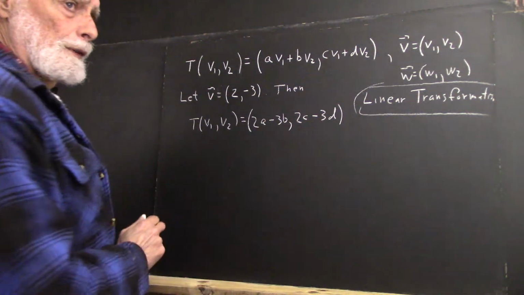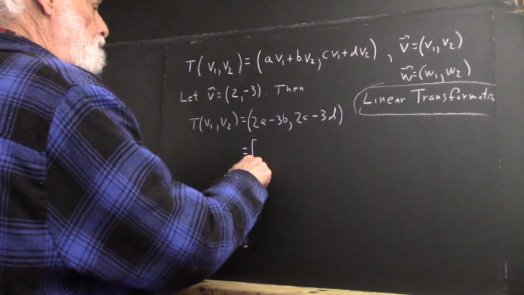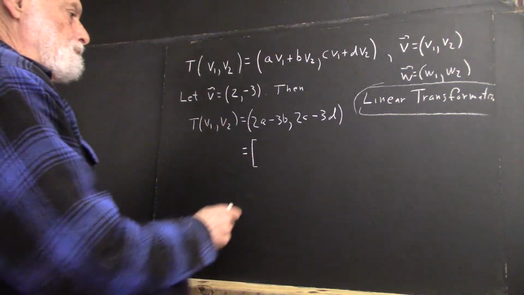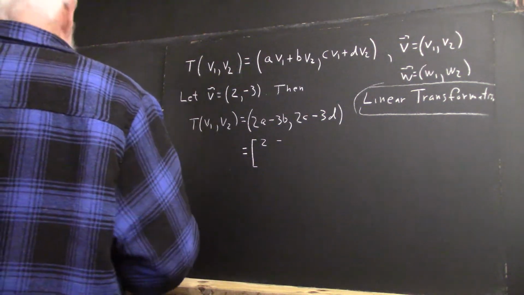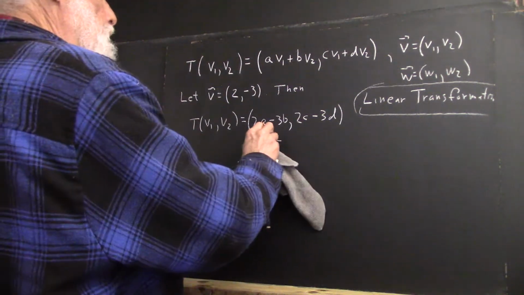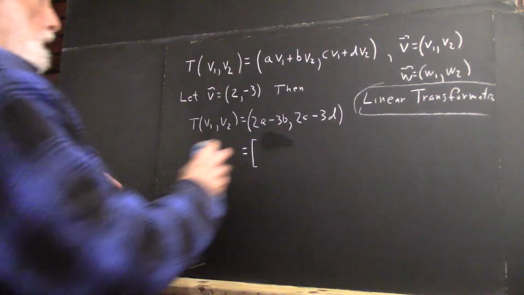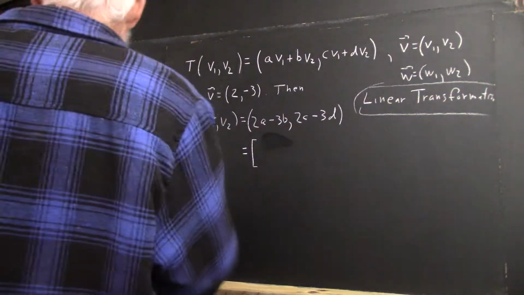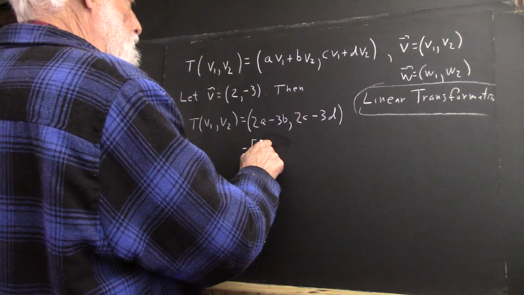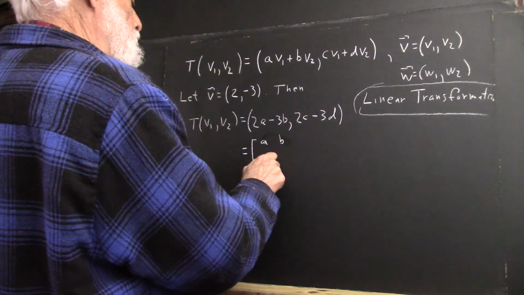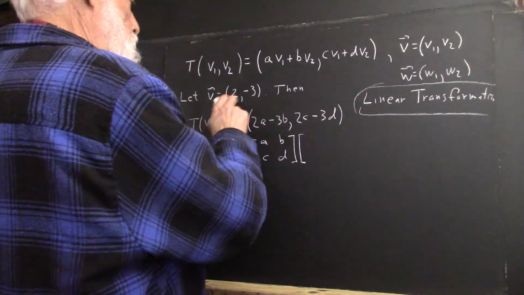Okay, so we have this ordered pair. Now I can also write this ordered pair as a matrix equation, if I regard this ordered pair as a column vector. This would be the matrix equation [a, b; c, d] multiplied by (2, -3).